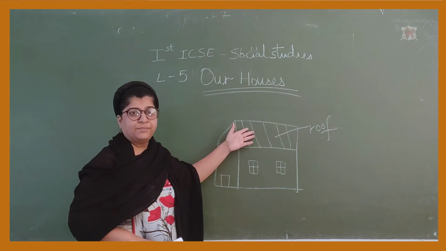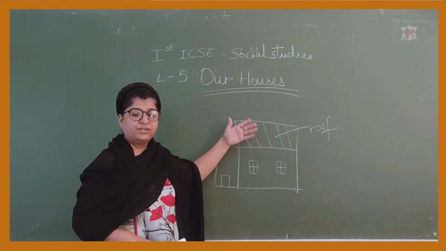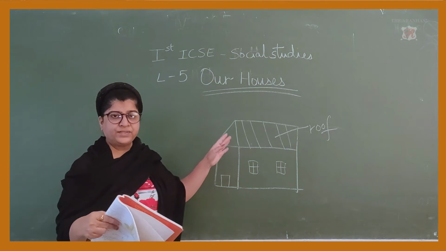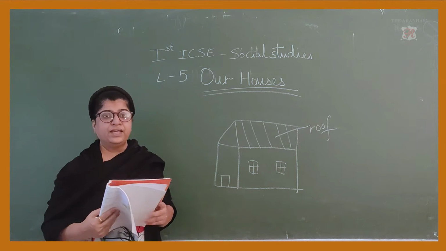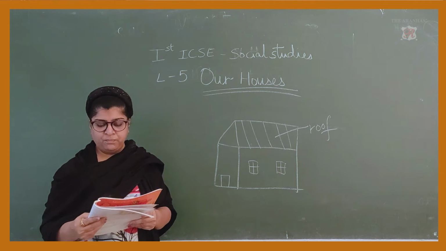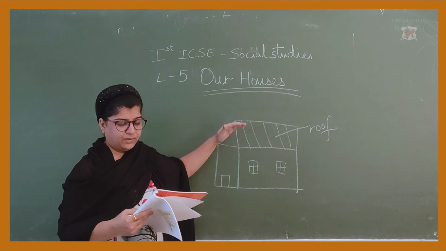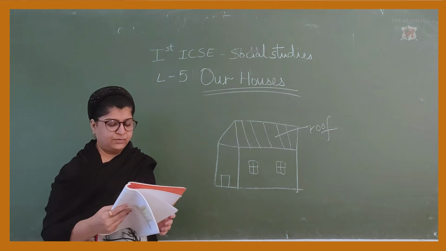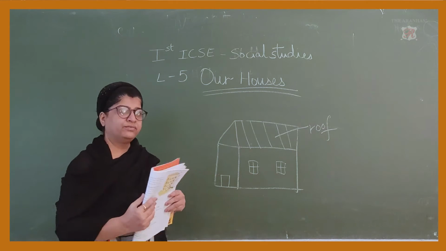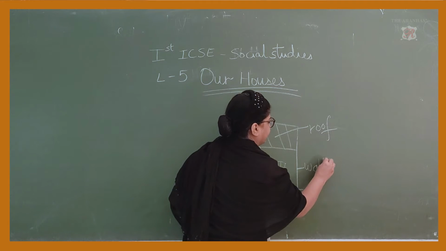And the roof is compulsory because if the roof is not there, all the sun, all the wind, all the rain will come inside and we are not comfortable with that. So it is written, every house has a roof. The roof covers the top of the house. It is always on the top of the house. The sides of the house are its walls.